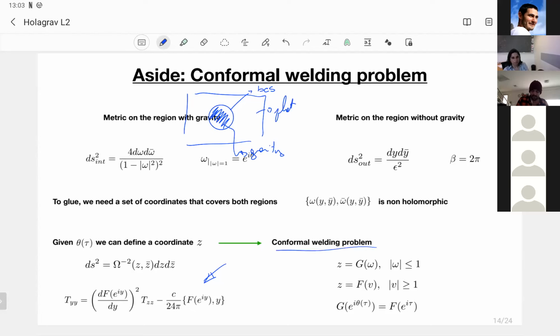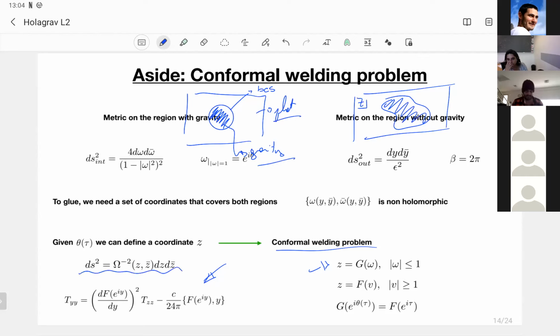This is something hard. It's called the conformal welding problem. It's not solved in many cases. It's solved in some cases in a numerical way. In this way, it will be exact. I'm not going to enter in detail. But at the end, what you want is a transformation that I call here this coordinate, that sends you from here to here. But here you have two coordinate systems, the flat and the gravity, and here you just have it set in a metric like that.